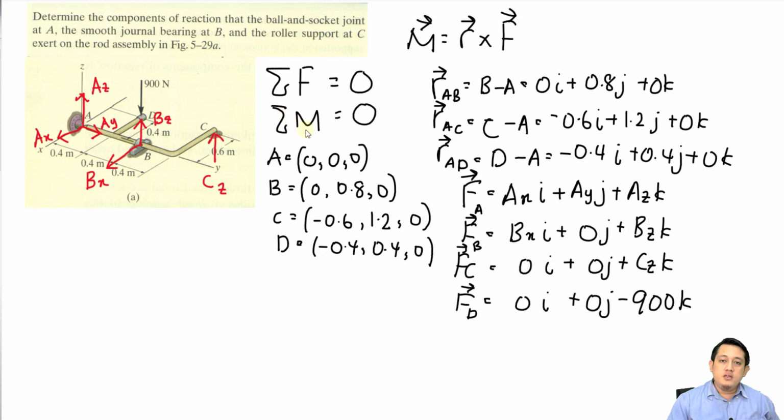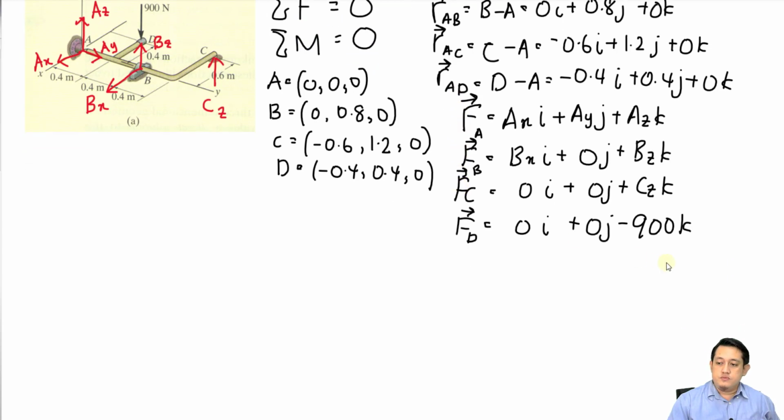The total of moments is equal to 0 because it is in equilibrium. As mentioned earlier, we want to use the moment at A. Therefore, the total moment at A is equal to 0.